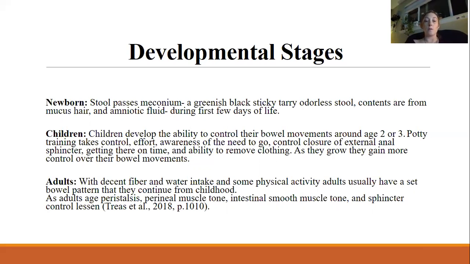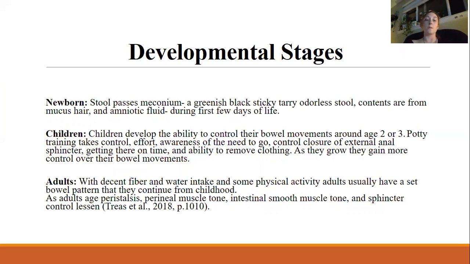Children develop the ability to control their bowel movements around age 2 or 3. Potty training is actually quite complex for them. It takes control, effort, awareness, control of closure of the external anal sphincter, being able to get there on time, and remove their clothes. As they grow, they gain more control.